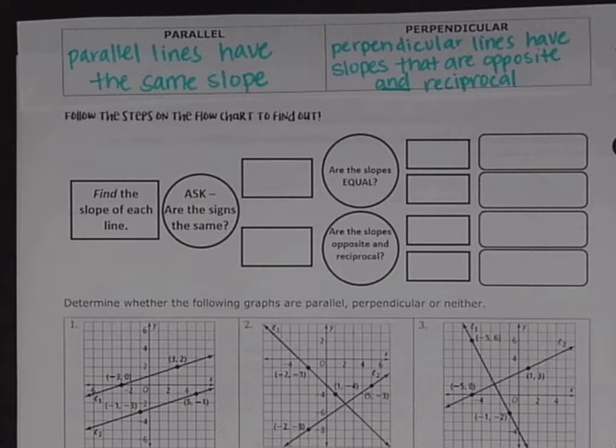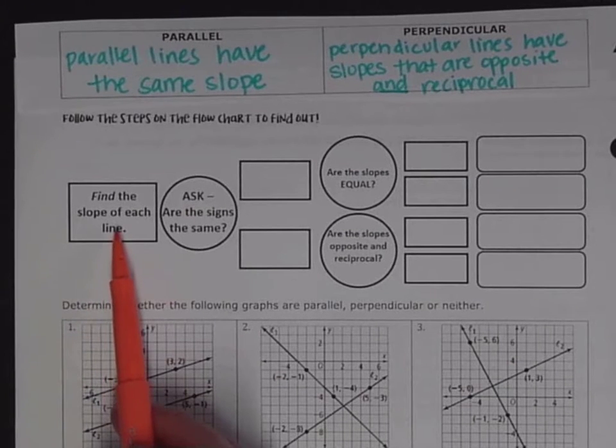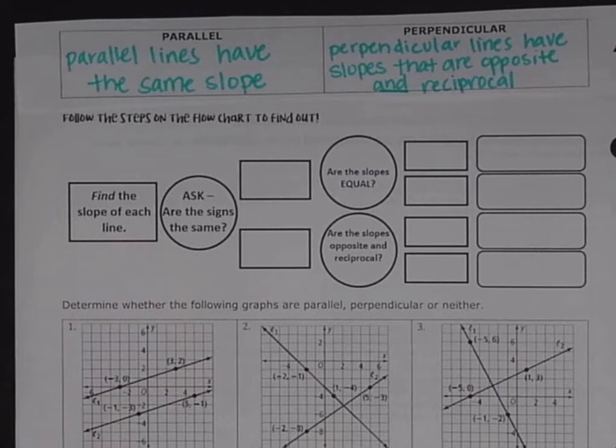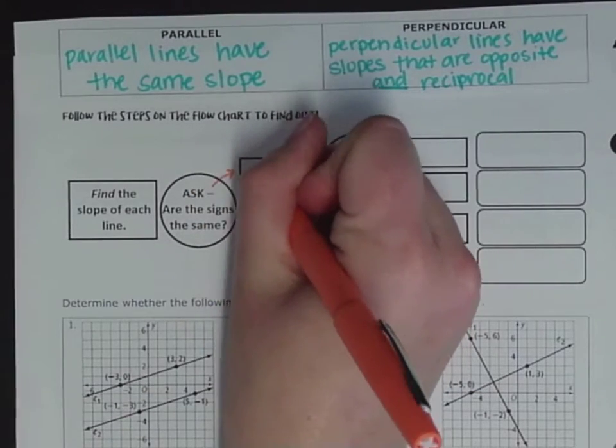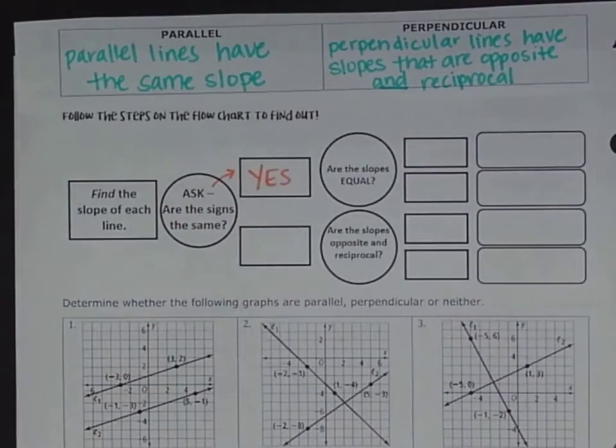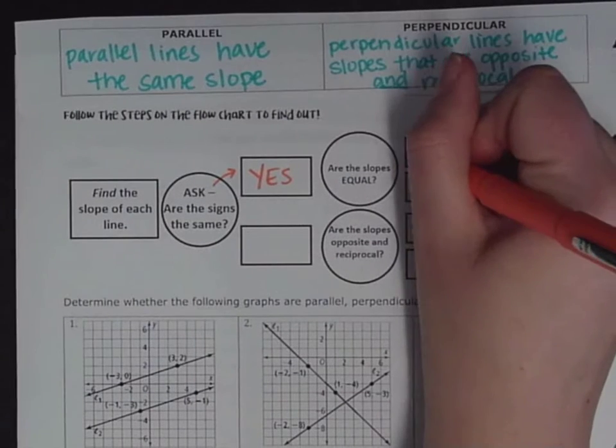So to tell if something is parallel, perpendicular, or neither, the first thing you're going to do is find the slope of each line. If the slopes have the same sign, they're either both positive or both negative. Then you ask, are they equivalent values?